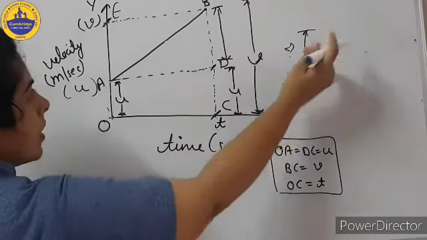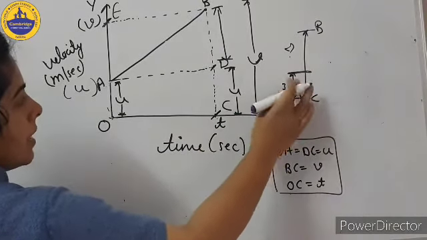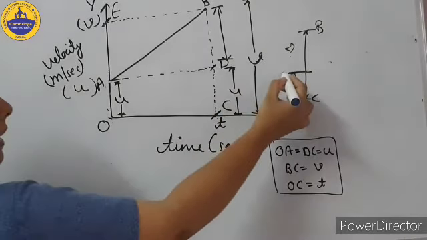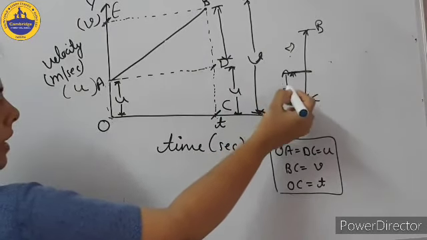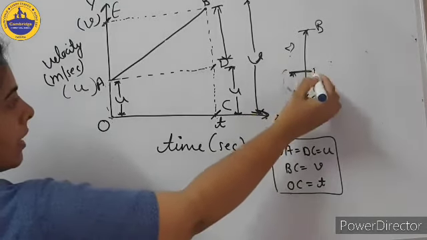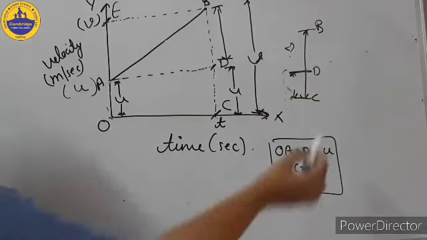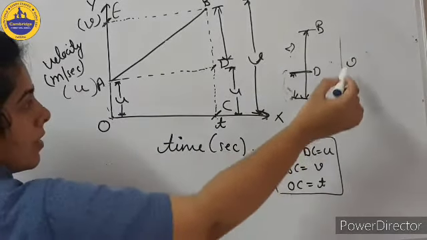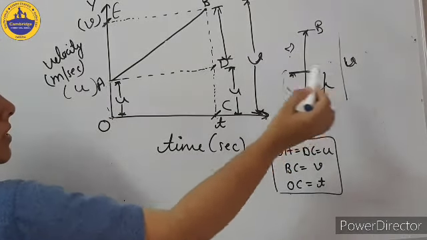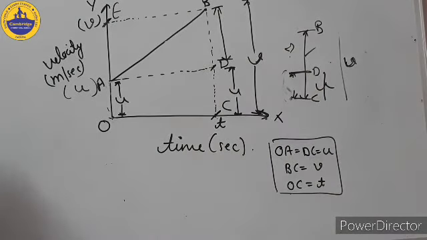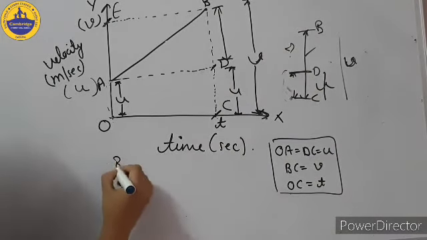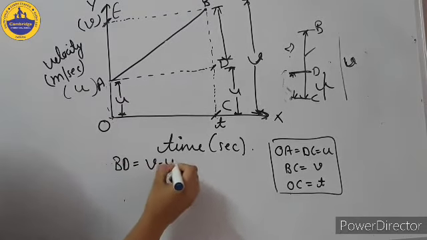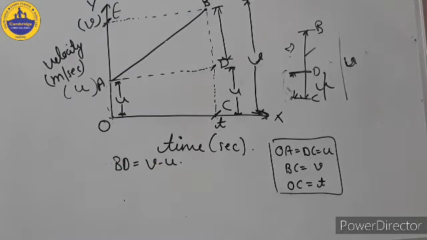Similarly, here is B, here is C, here is A, and here is O. You can say D here. If BC is given to you as V and DC is given as U, what will be BD? From here we can say that BD is equal to V minus U. We subtract DC from BC, and then only we get BD.